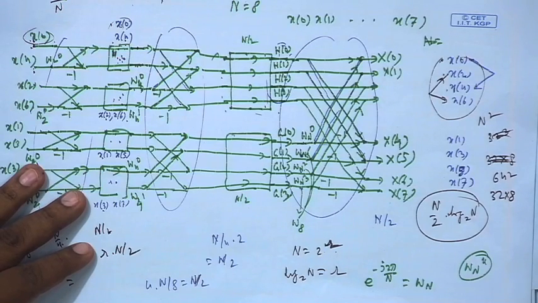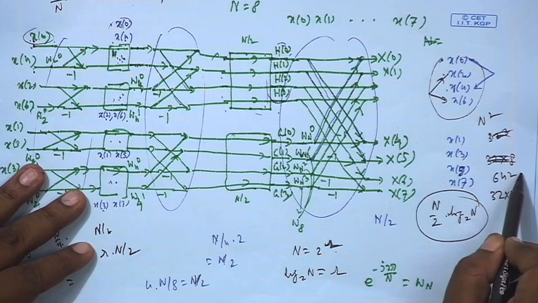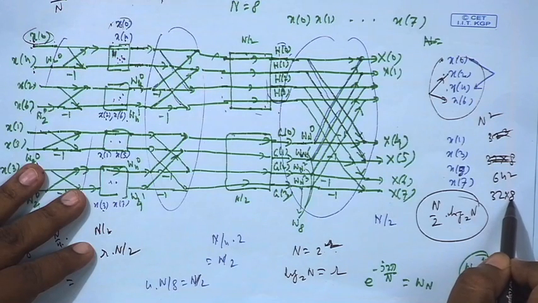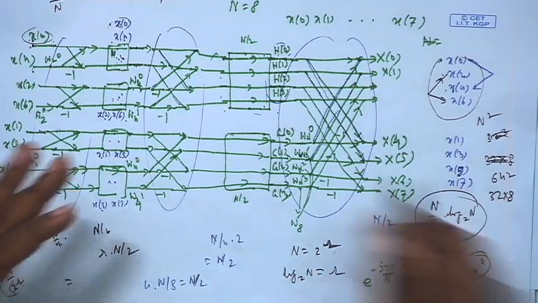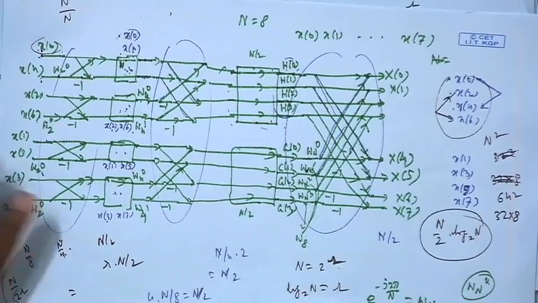So, see the huge difference from 64 square. So, 32 into 2 into 64, that is 32 into 128, and here it is only 32 into 6. So, a huge difference, okay, many times less, and if the capital N is large, your gain will be more and more.